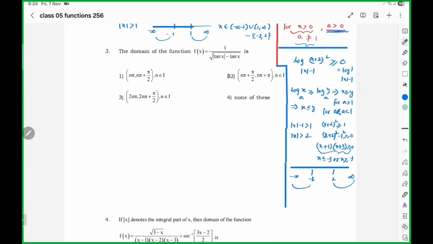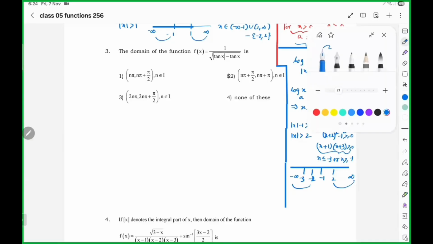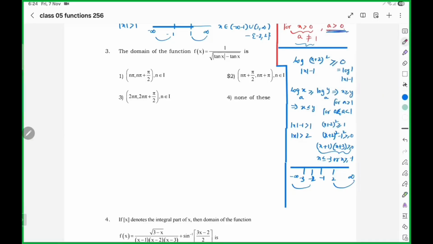Here it is minus 2, minus 1, minus 3. Less than minus 3 is this part, greater than minus 1 is this part. The common part will be minus infinity to minus 3 union minus 1 to infinity.